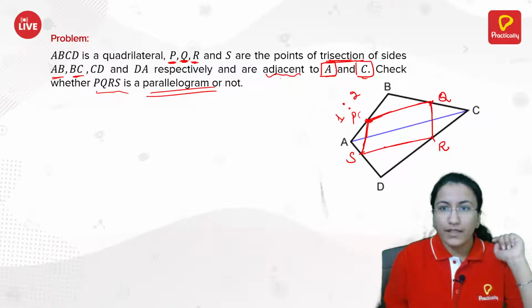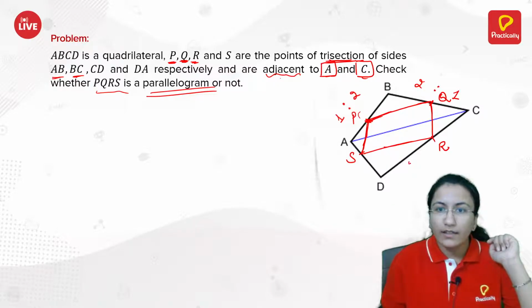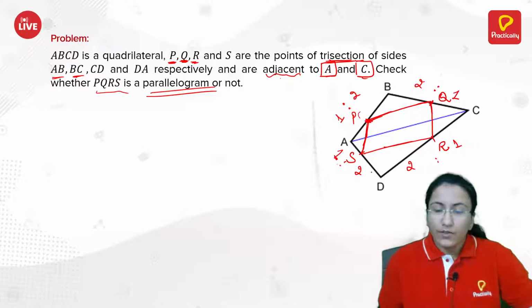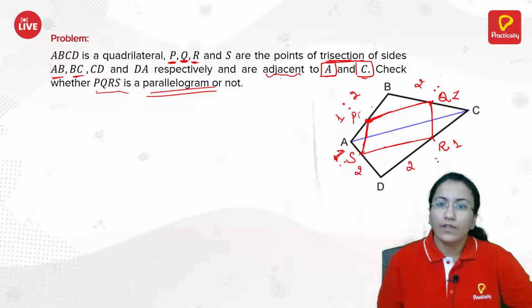In a similar way, we will get BQ to QC as 2:1. Again here we will have 2:1, and again here we will have 1:2. So you have these ratios somewhat similar to each other.